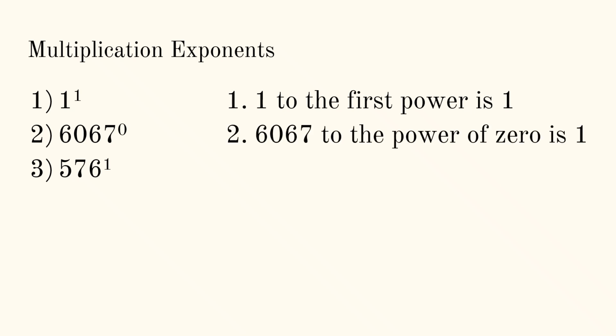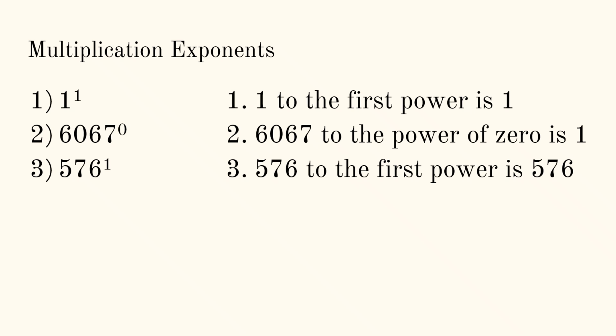Number 2, 6067 to the power of 0 is 1. And number 3, 576 to the first power is 576.